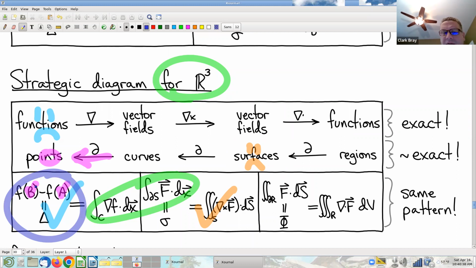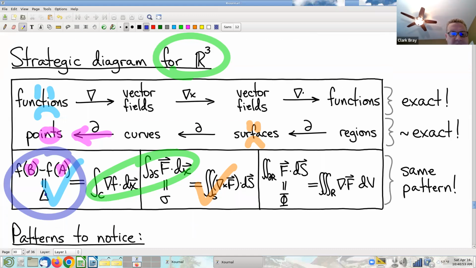That little f, the anti-gradient, is hard. I don't even know how to find it, but I'm putting the same point into it twice and subtracting. So this is really f of a minus f of a. It's obviously 0. So it happens to be 0, which is nice that this works out.